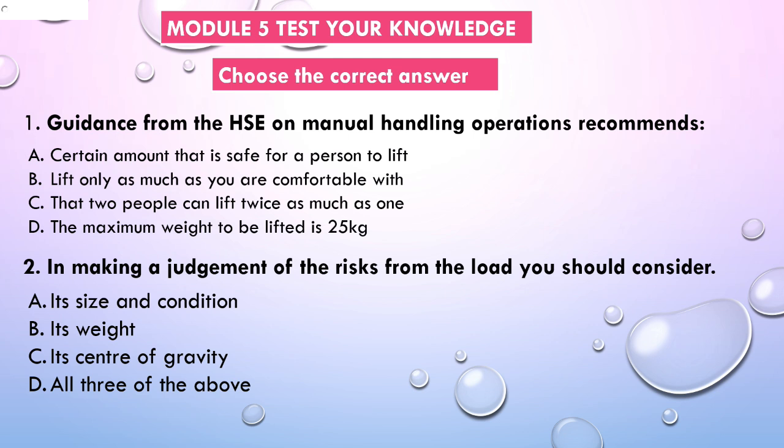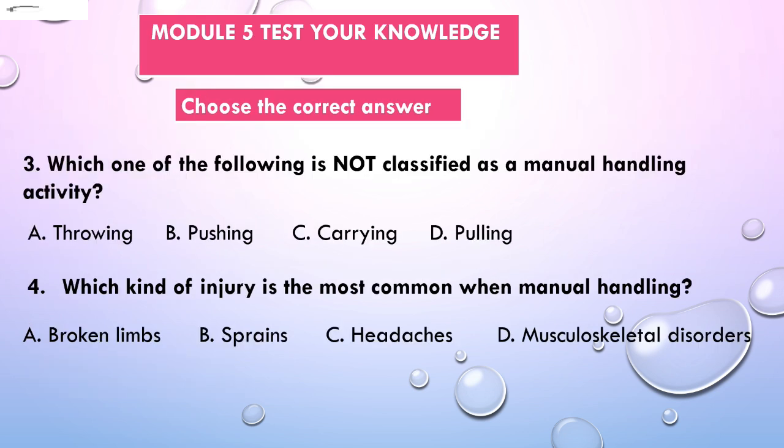Number 3, which of the following is not classified as a manual handling activity? Throwing, pushing, carrying, and pulling. So which one of these is not classified as a manual handling activity?